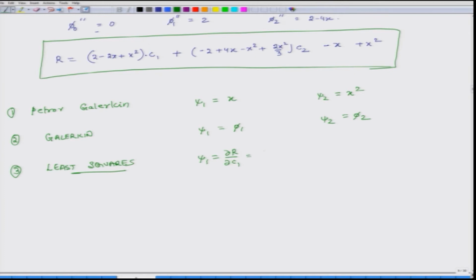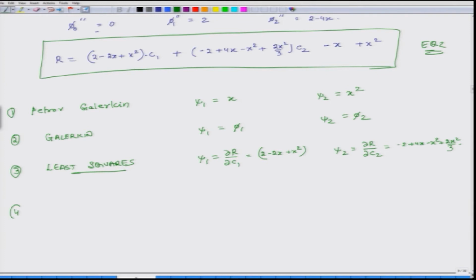So, this is equal to 2 minus 2x plus x square. How did I get this? From equation 2. Okay. And psi 2 is equal to partial of r by C2, and this is equal to this entire thing, minus 2 plus 4x minus x square plus 2x square by 3. Okay.